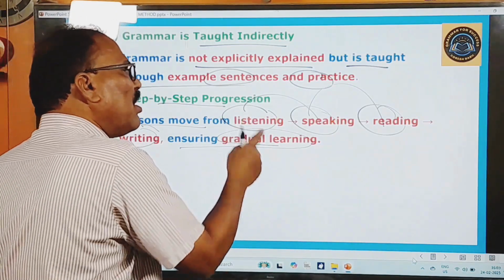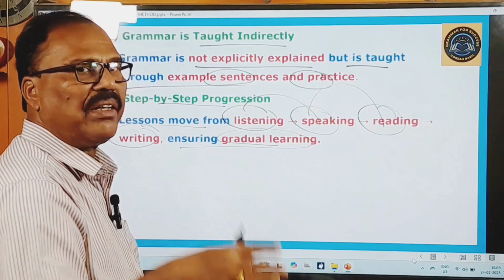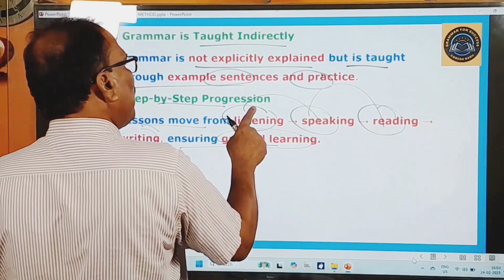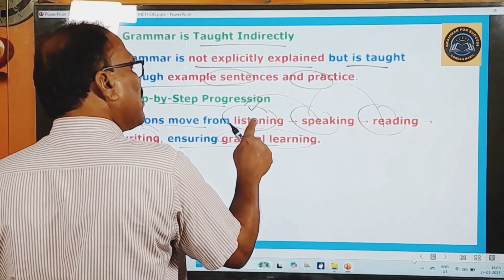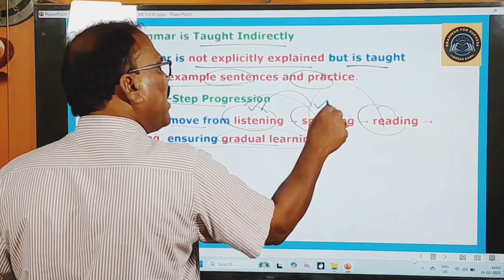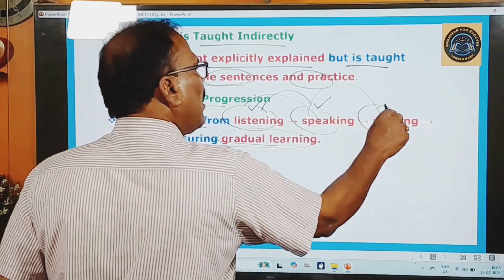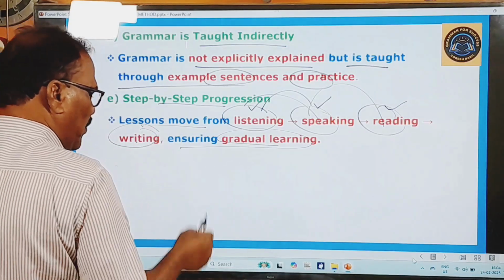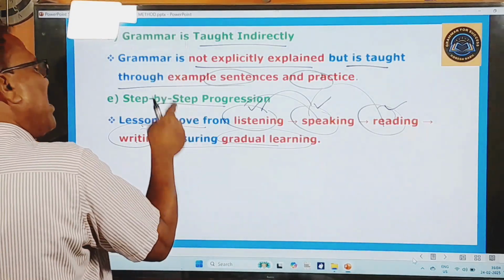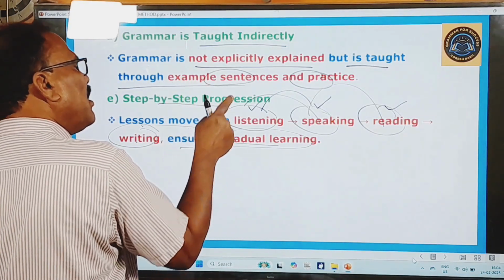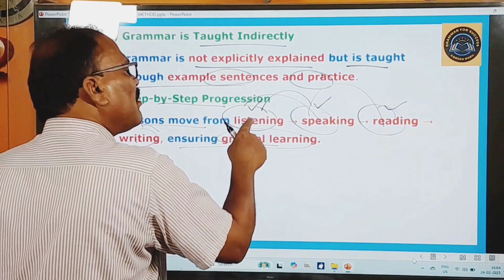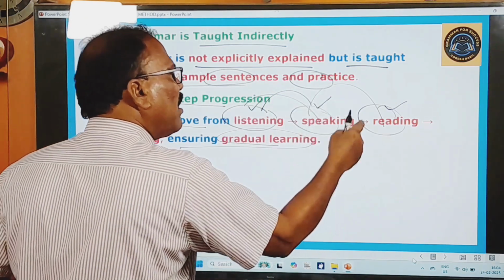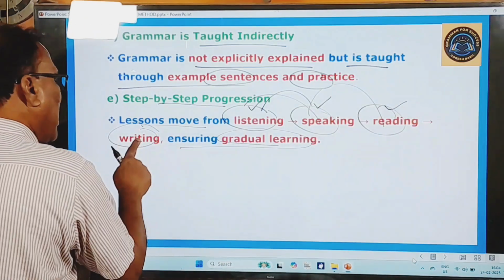This will ensure the students' gradual learning, because first of all they make the students listen to the lesson, then they make the students speak something about the lesson, then they are made to read that, then they are made to write. So first of all, the teachers make the students listen to the story, then speak about the story, then read about the story, and write about the story.